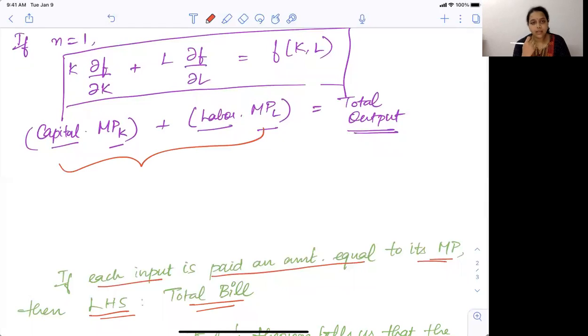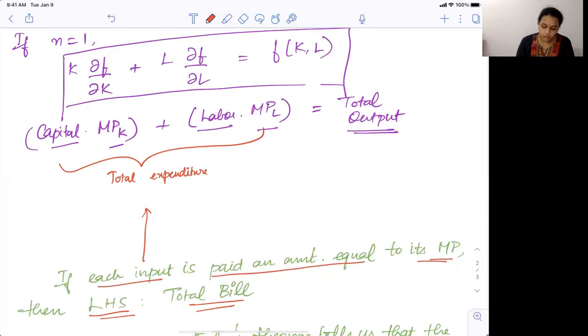MPK will be the price of capital, and MPL will be the price of labor. So the number of units of capital times its price plus number of units of labor times its price is just the total amount of expenditure that you will spend on the inputs. So in this case, this just becomes the total expenditure on inputs, K and L.